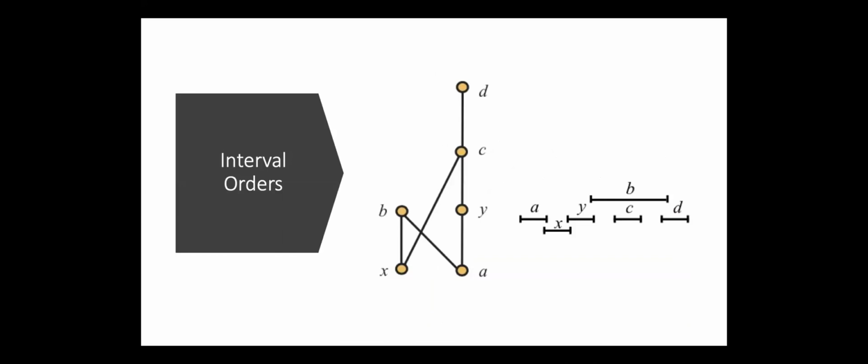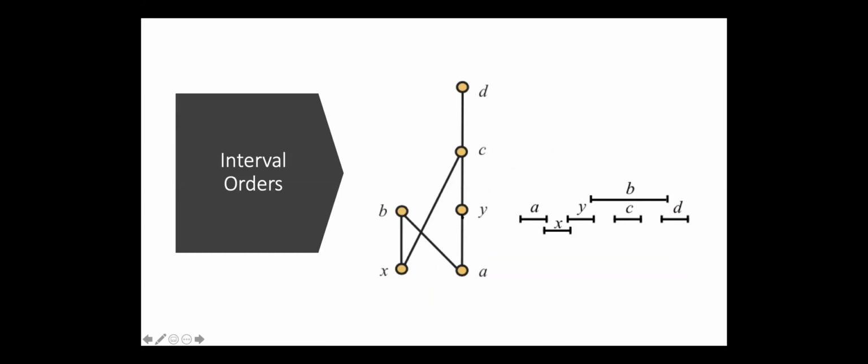So now I'm going to show you a little bit more about how we can go from the poset diagram we were talking about and represent it using intervals. So I want to draw your attention to A and Y for a second.